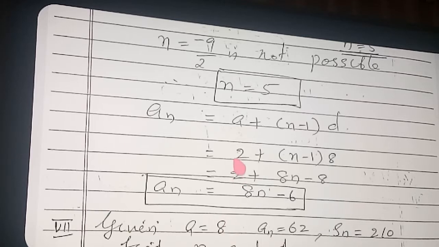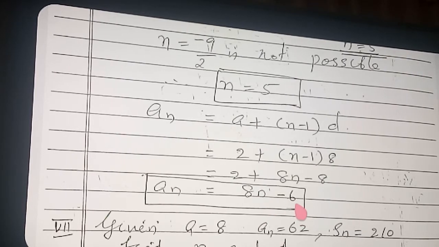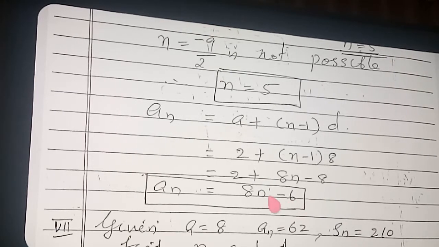In the place of a I wrote 2 and in the place of d I wrote 8. So you got the value of an. an is equal to how much did you get? 8n minus 6. If an is asked, you want to find only an. And if specifically a5 is asked, then only you want to find a5. But in some textbooks a5 is written, so you find a5 also. Okay, got clear? Yes.